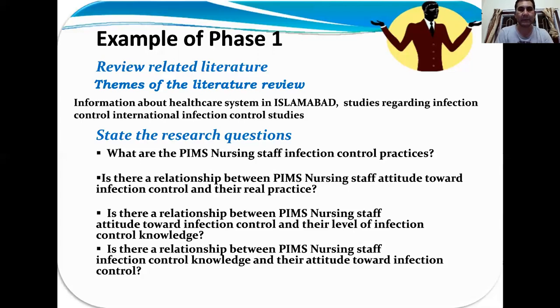And the fourth question: is there a relationship between the PIMS nursing staff infection control knowledge and their attitudes towards control? It means infectious control is the dependent variable, and knowledge and attitudes are the independent variables, and the researcher wants to see the relationship between the two independent variables and the dependent variable, the controlling of infection.